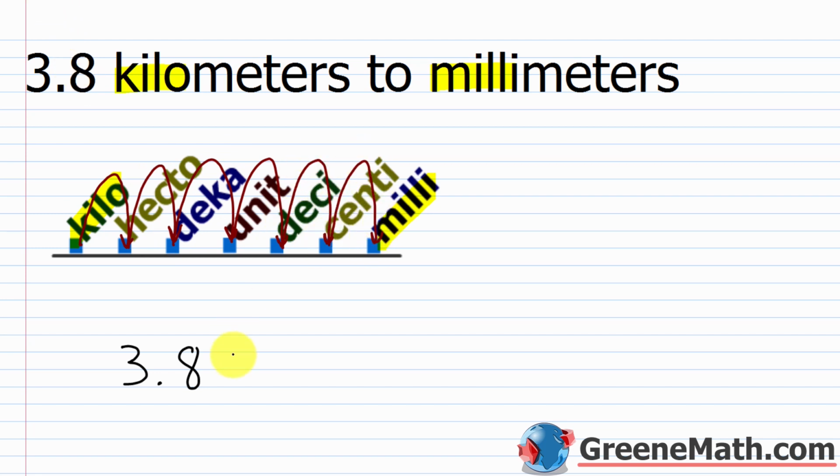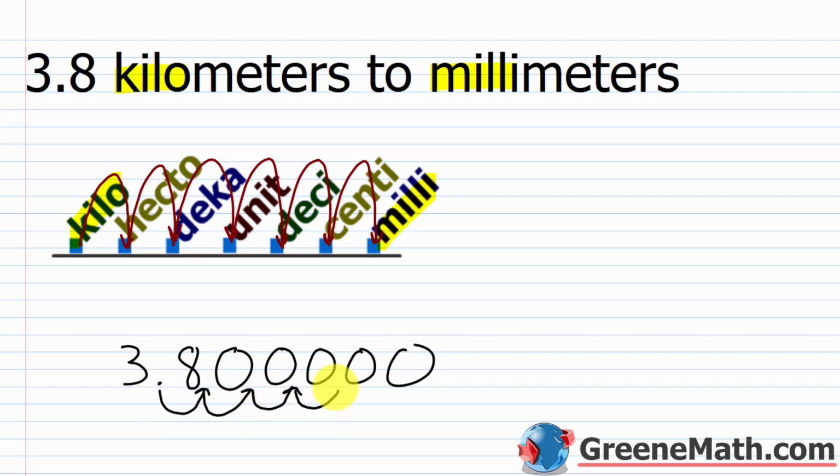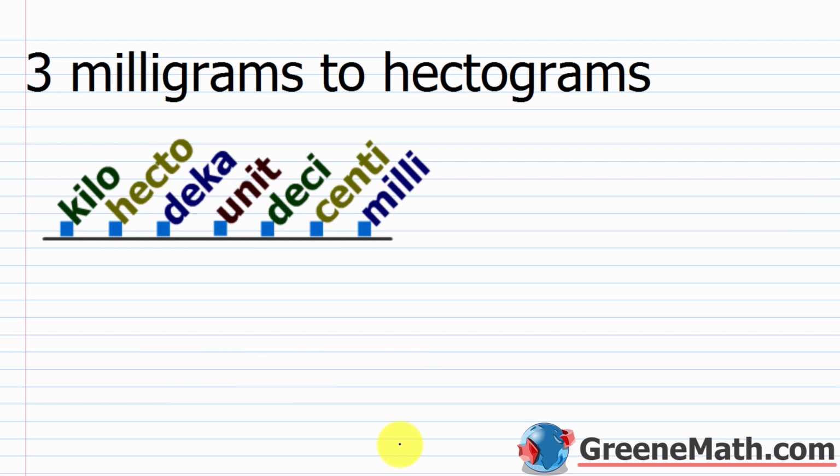So that means I'm going to need to place 5 zeros behind the 8. 1, 2, 3, 4, 5. So this is going to go 1, 2, 3, 4, 5, 6 places to the right. Put some commas in, and we'll get 3,800,000. And then we convert it to millimeters. So we'll put millimeters behind that.